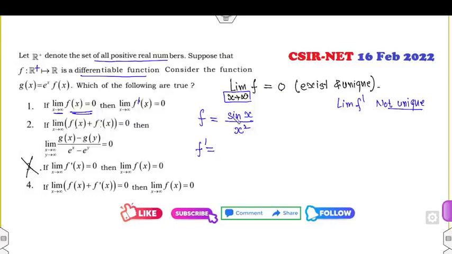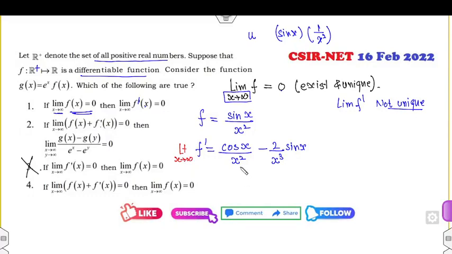So what is the f dash? I can take u over v is a cos x over x square and minus 2 over x cube sine. Okay, fine. I have used the product rule. I have taken sin x and 1 over x square. Fine. Now you can see when you take the limit as x approaches infinity, again this is the bounded function, this term goes to 0, this is the bounded function, this goes to 0.